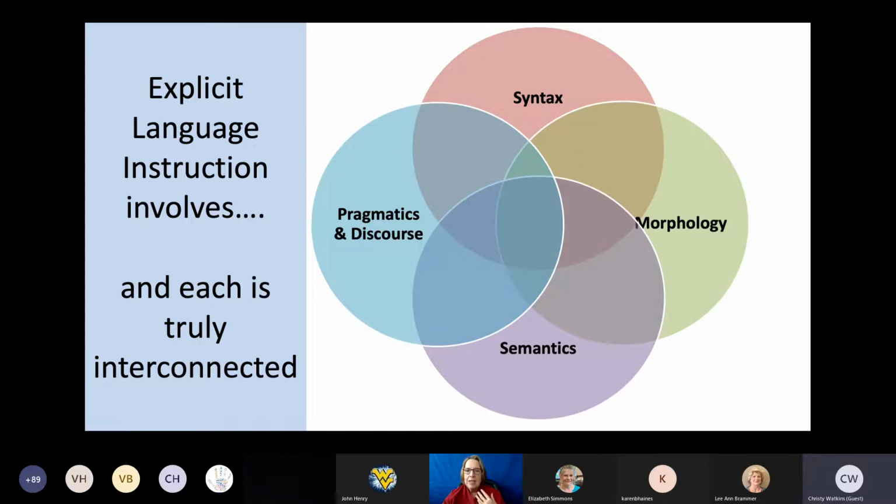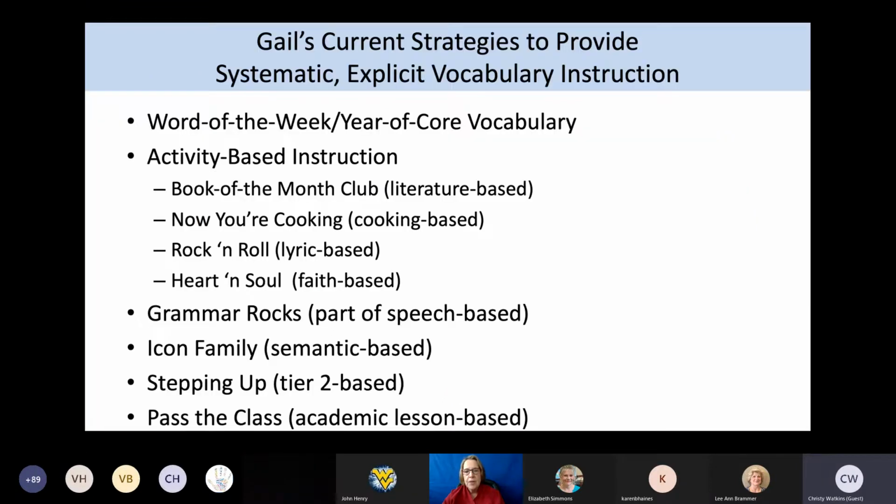When I talk about explicit language instruction, it involves making sure that we're providing specific instruction, not just modeling, not just hoping it develops, but actually developing intervention strategies and materials and all sorts of supports that we need to make sure our kids are developing well-rounded language skills.